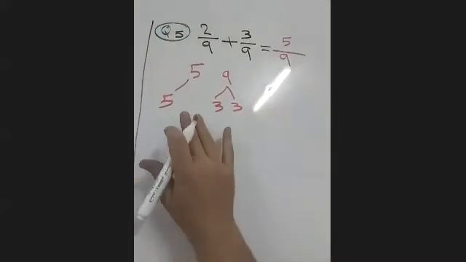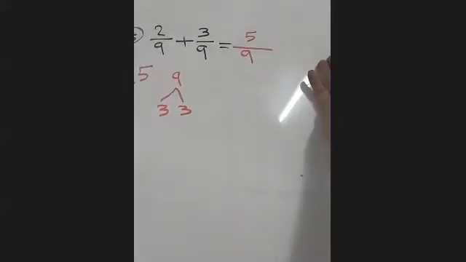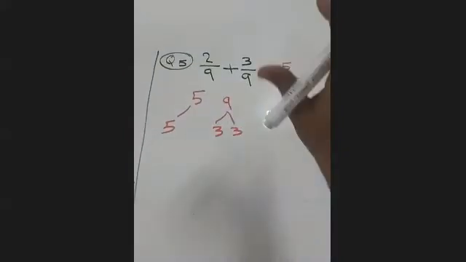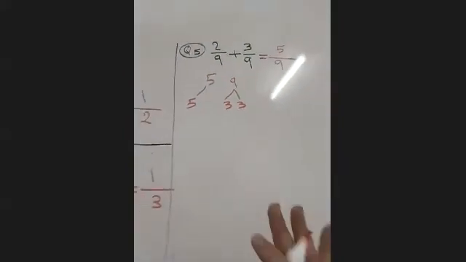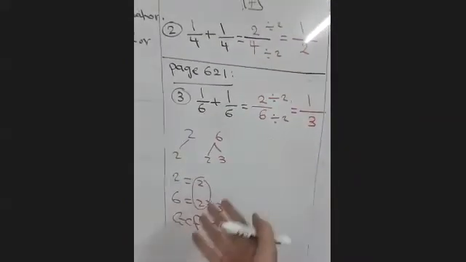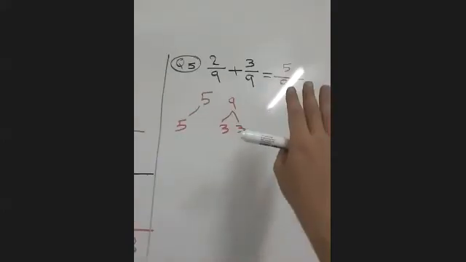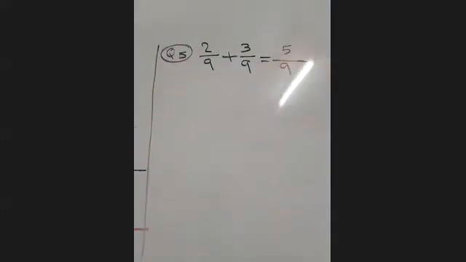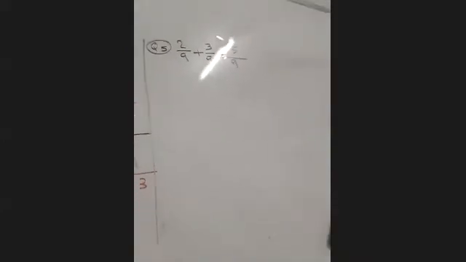If the greatest common factor is 1, it is already simplified, so we leave it. So guys, not all answers can be made into simplest form. Sometimes we can, sometimes we cannot, so we leave it. This is question 5.